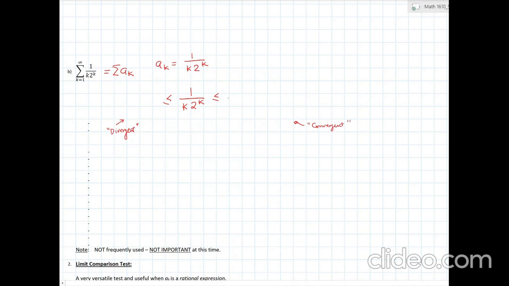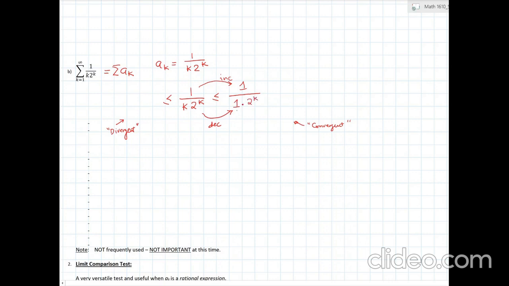Okay, so let's try finding something which is larger. So again, how do you make something large? You either increase this or decrease this. So how about if I keep 1 as 1, and in the denominator, instead of k, I use 1, and I keep 2 raised to the power k.